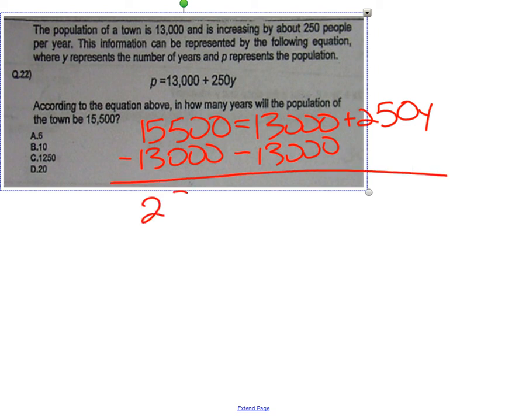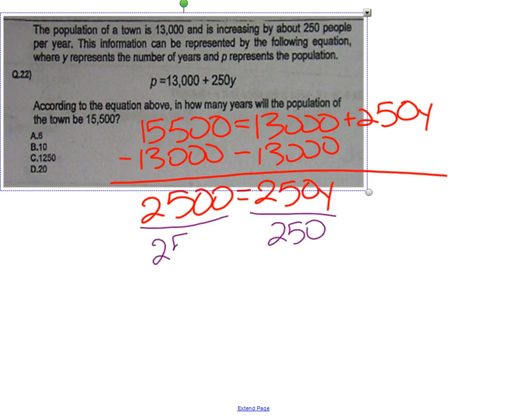And that gives us 2,500 is equal to 250 times y. And then what? We divide by 250. And we get y is... So it'll take about 10 years.